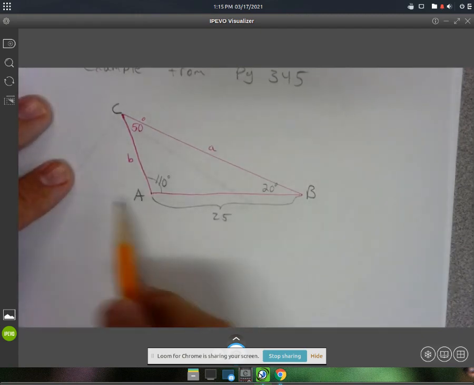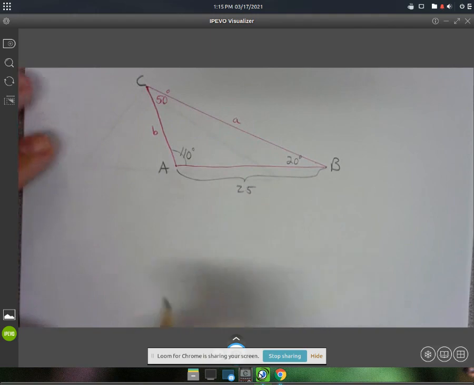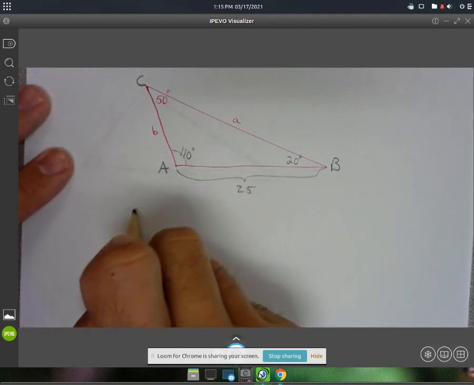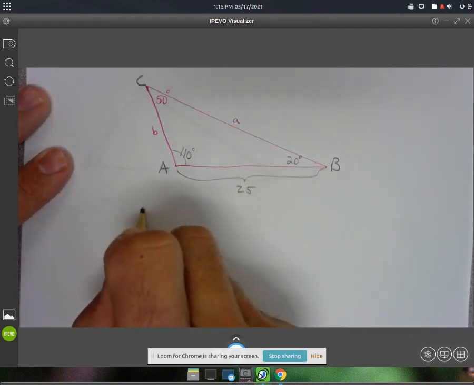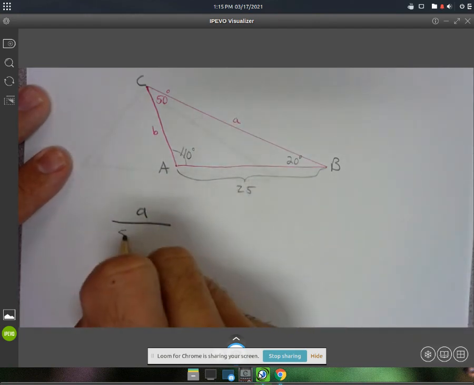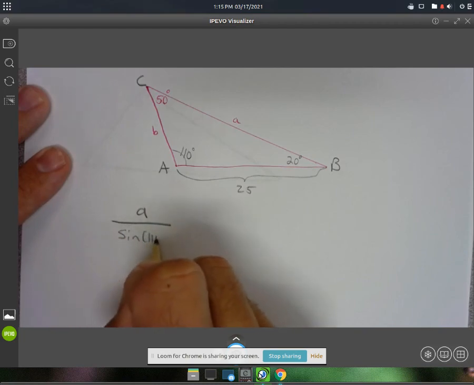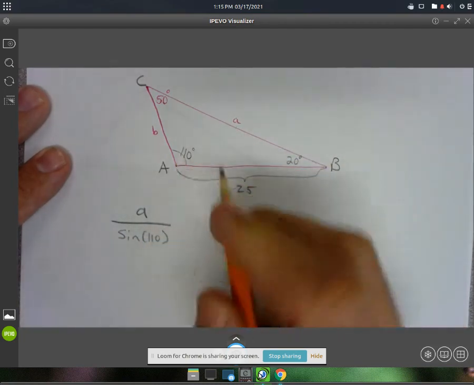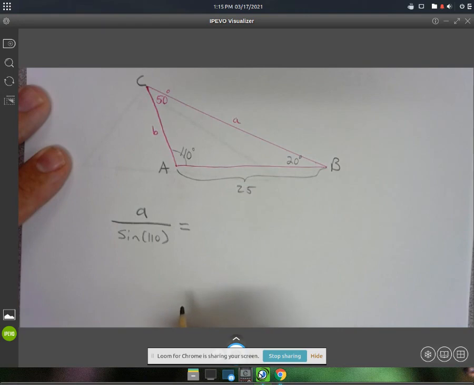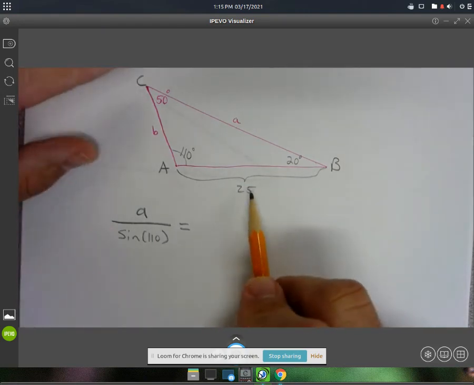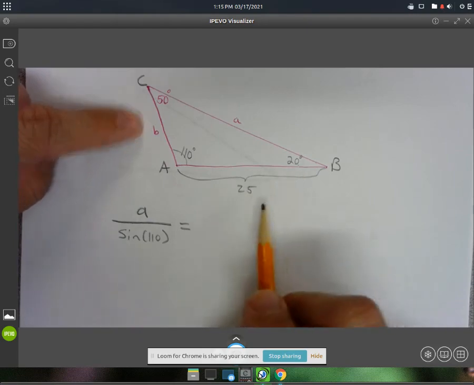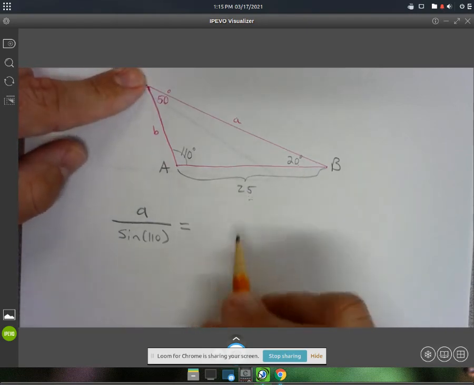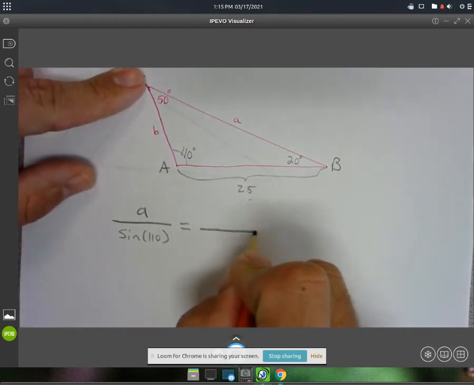All right, let's work this out here. I'm going to solve for A first. So it's going to be A over sine of 110, because that's the angle that's across from it, is equal. Now I have to use these two because I don't know 20 and B. One of these fractions has to be one that you actually know.